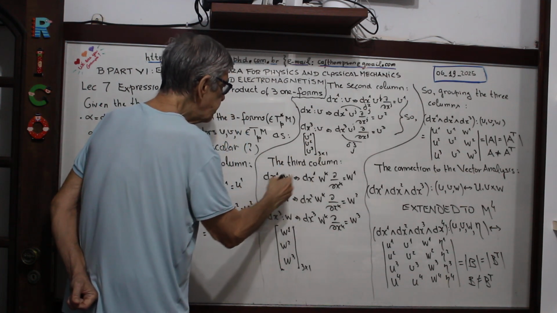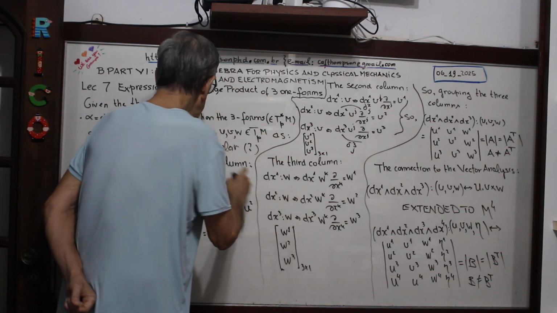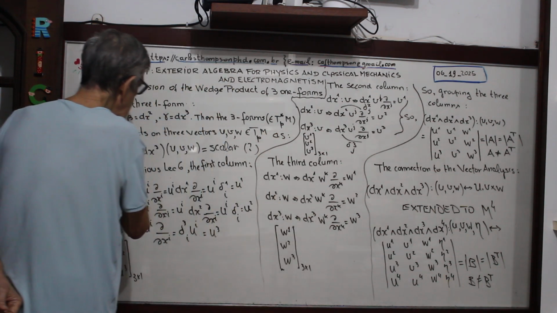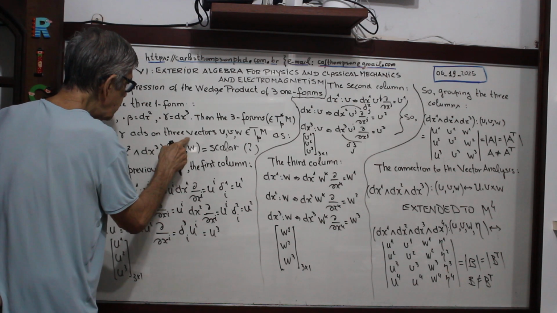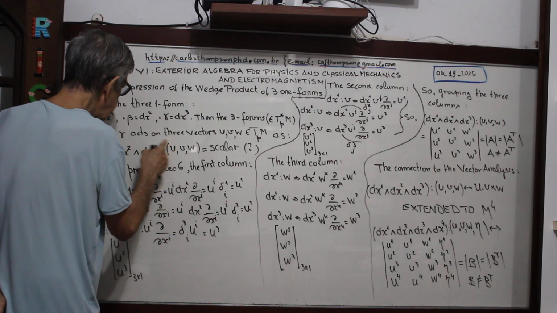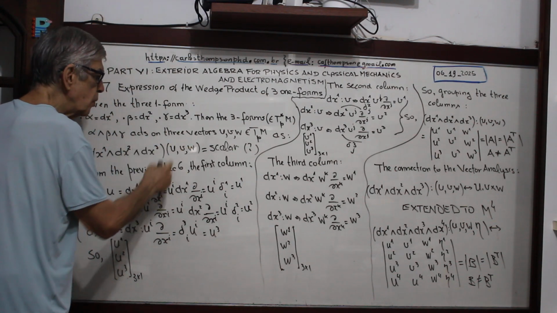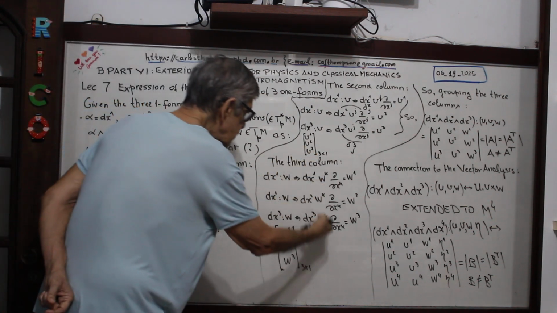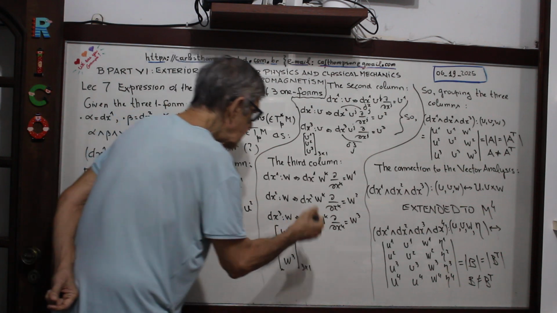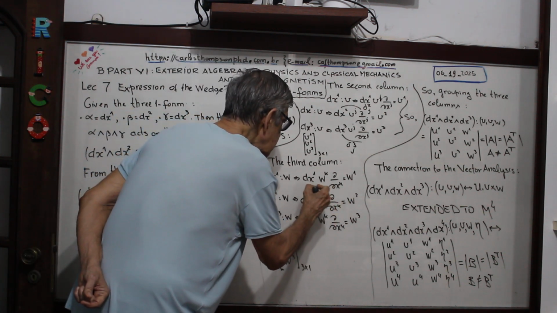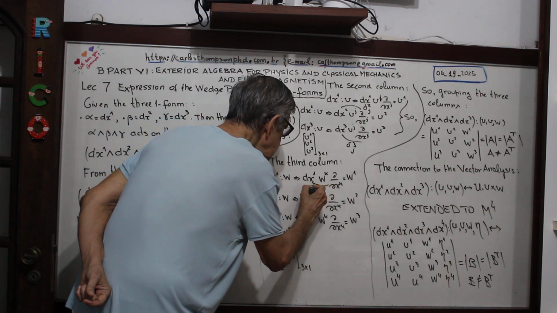The third column, the same. dx1 will act on w, in this case, dx2 on w and dx3 on w. Exactly the same, you see? And just to remember, this over here is delta 1k.